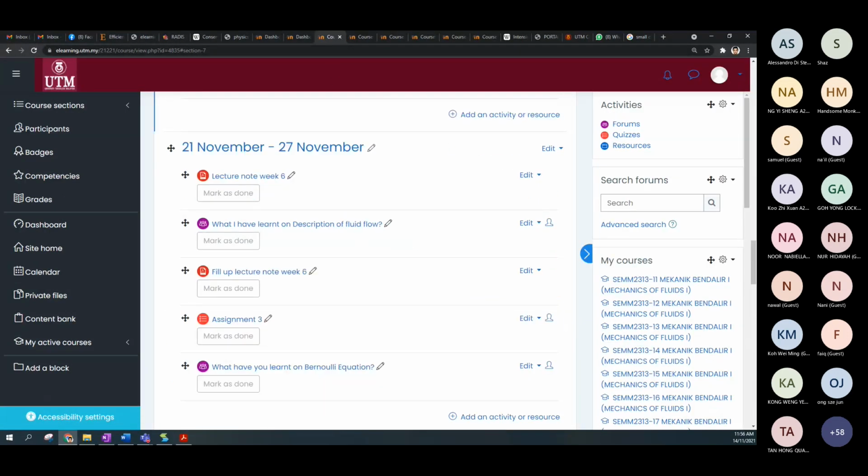Basically, the reason why I advise you to give the feedback on what you have learned is so that you can have active learning. You learn and then you type the information from your brain. From there, you can retain the information more than if you do nothing.